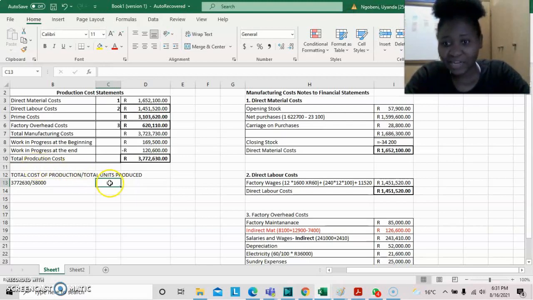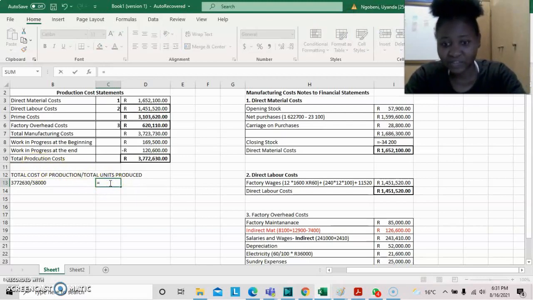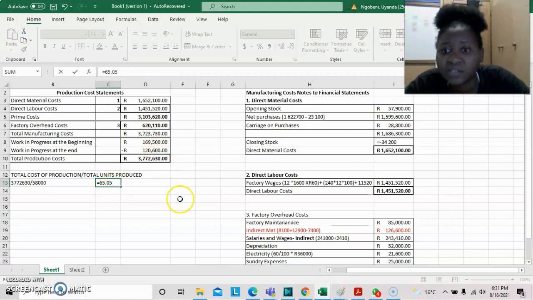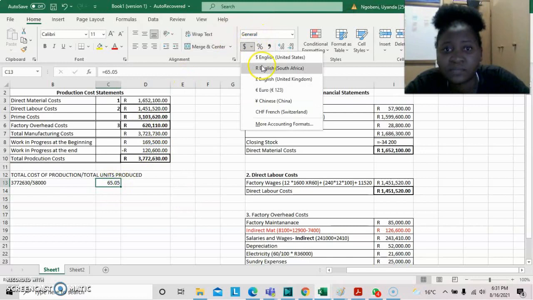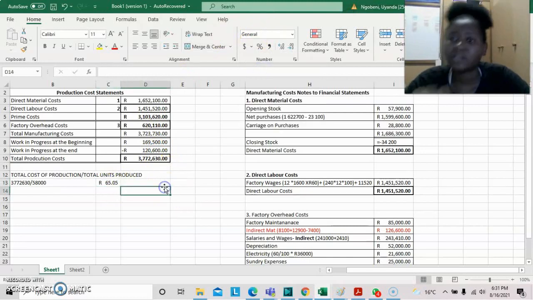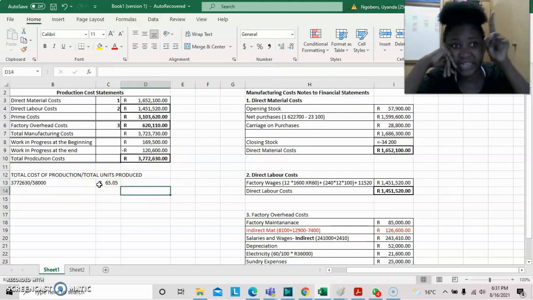Okay, so I got 65 rand, okay, it's 5 cents actually. So this is how much it cost us per single item for it to be produced.